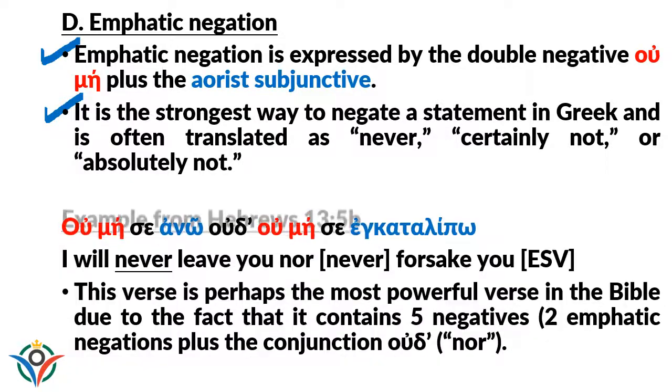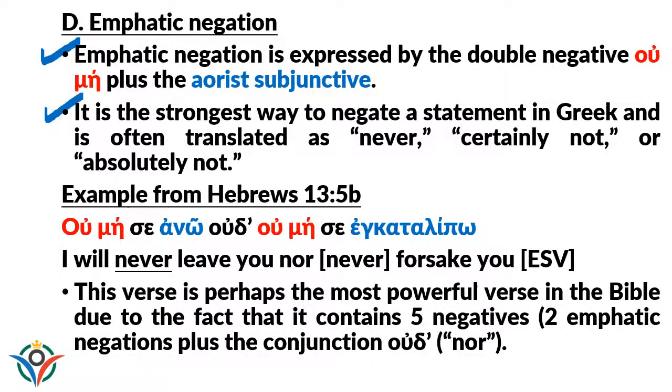So here's an excellent example from Hebrews 13, verse 5b, where the author writes, "ou me se anO, oud' ou me se egkatalipO," which the ESV translates as, "I will never leave you nor forsake you." And I've just added in brackets there, never. And some commentators note that this verse is perhaps the most powerful verse in the Bible due to the fact that it contains 5 negatives.